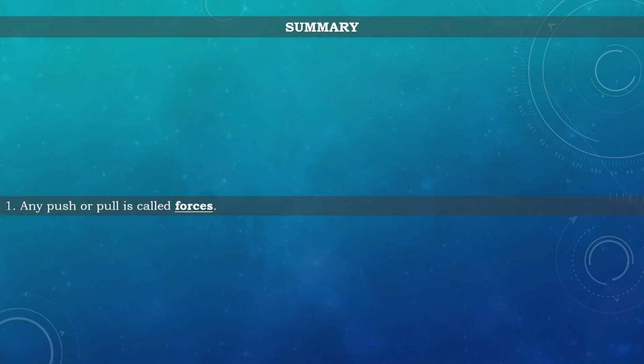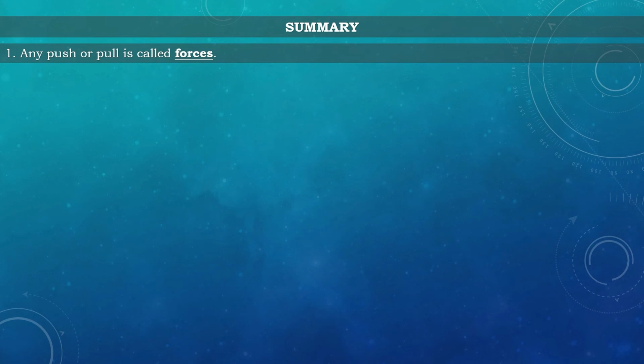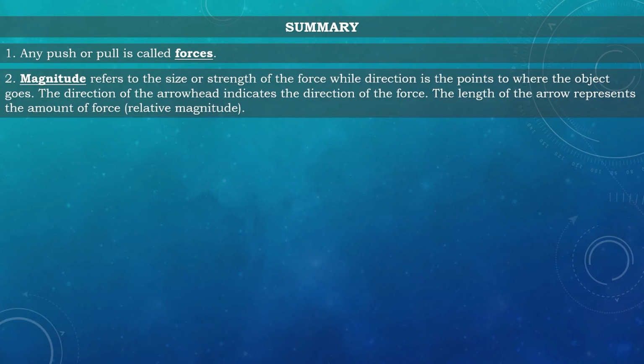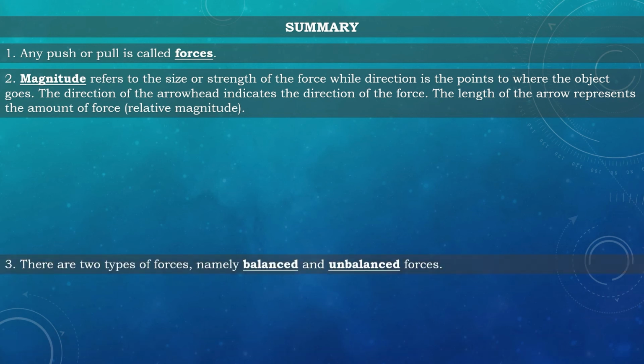For summary, any push or pull is called a force. Magnitude refers to the size or strength of the force, while direction points to where the object goes. The direction of the arrowhead indicates the direction of the force. The length of the arrow represents the amount of force.